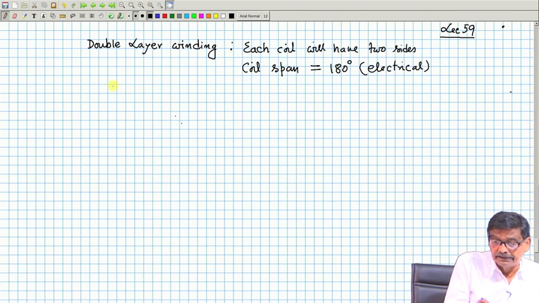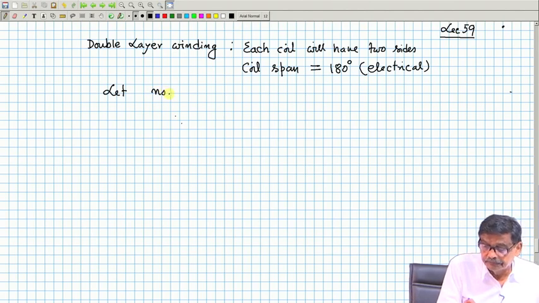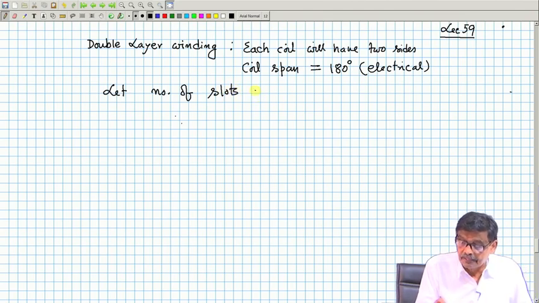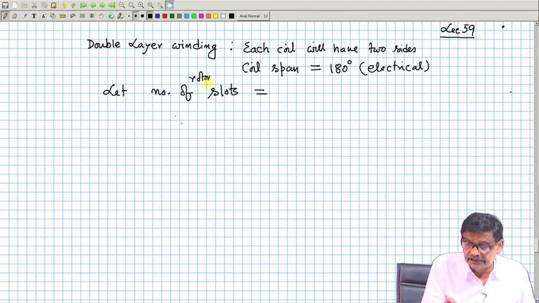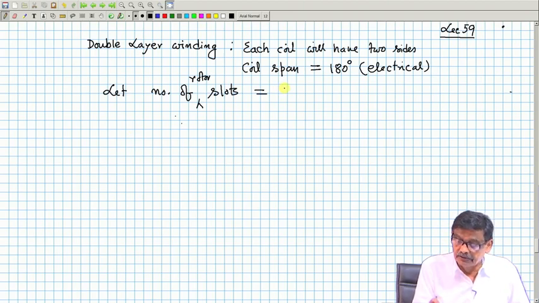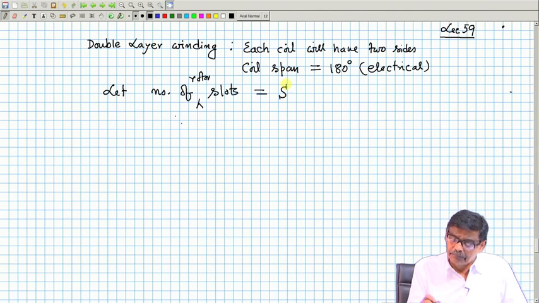Suppose the number of rotor slots, that is, we are talking about armature winding, is denoted by capital S. Side by side I will go with numbers.